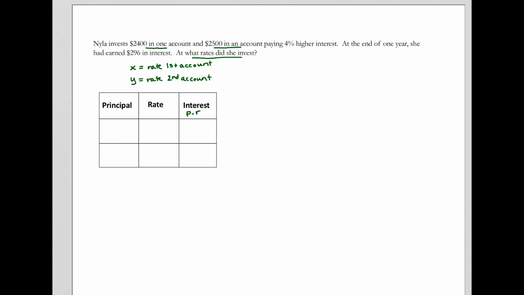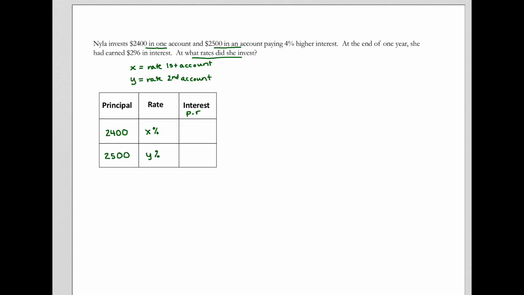All right, let's organize the information now in this chart. In our first account, Nyla is investing $2,400. And the rate at which she's investing it, we are calling X%. In addition, she is investing in a second account $2,500 principal at a rate of Y%.